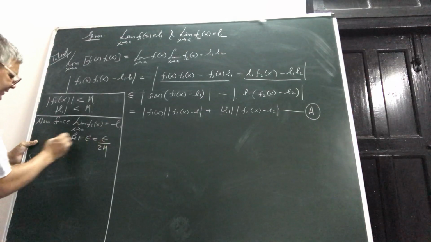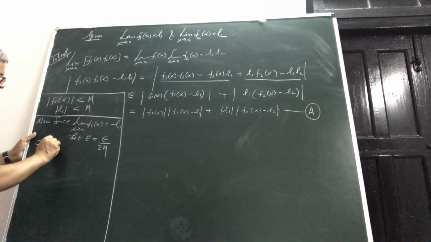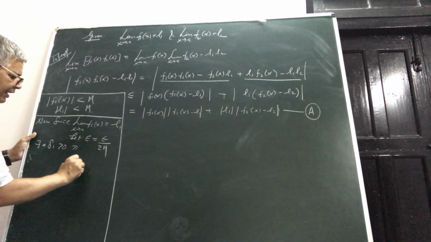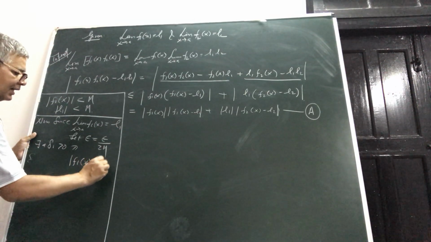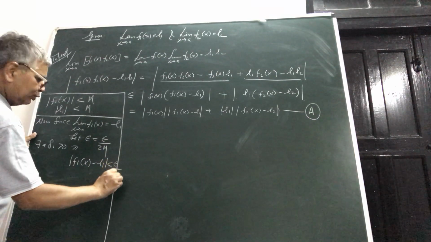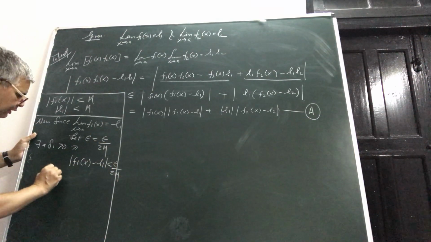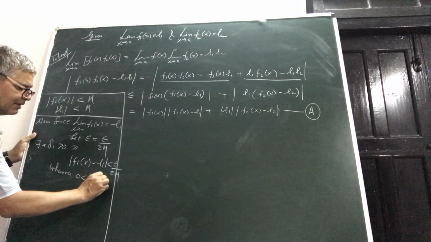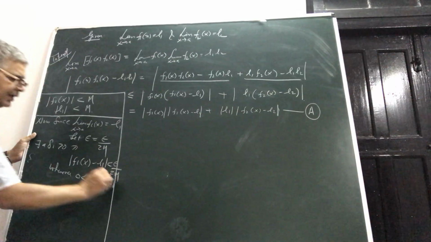So there exists a delta 1 greater than 0 such that mod of f1(x) minus L1 will be less than epsilon upon 2m, whenever 0 is less than mod x minus a is less than delta 1.